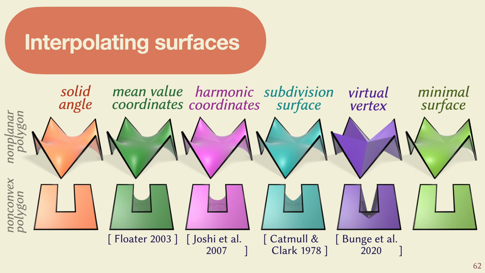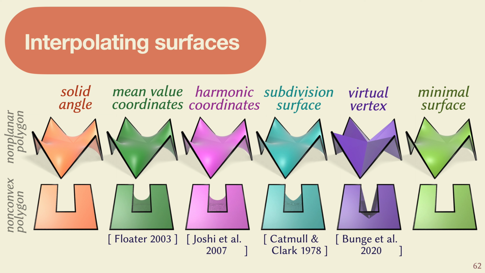We find that the interpolating surfaces provided by the sine solid angle function have some really nice qualities compared with what you get from traditional approaches like generalized barycentric coordinates or subdivision surfaces. While almost all approaches give sensible results on nice inputs, like the ones in the top row, almost all cause overlaps even on simple planar non-convex examples as shown on the bottom.